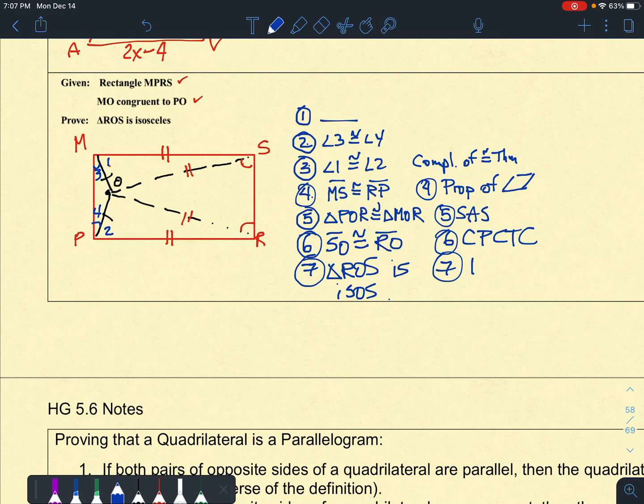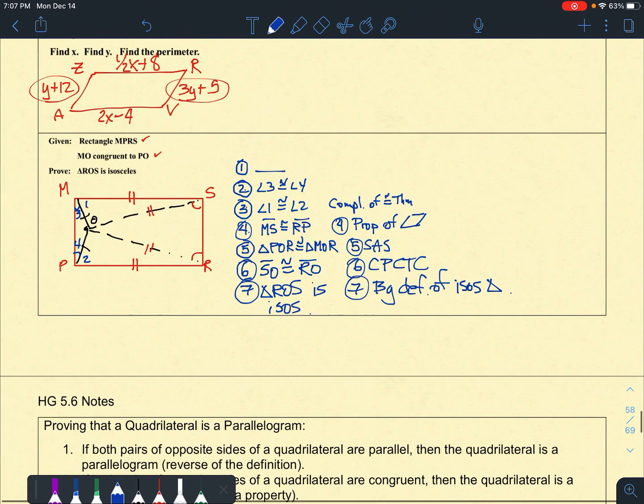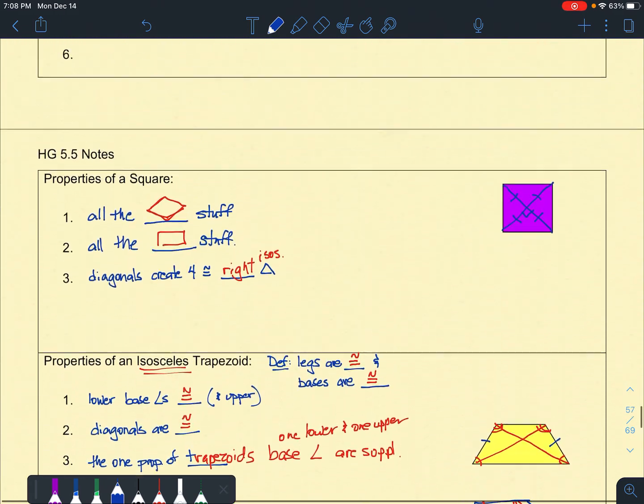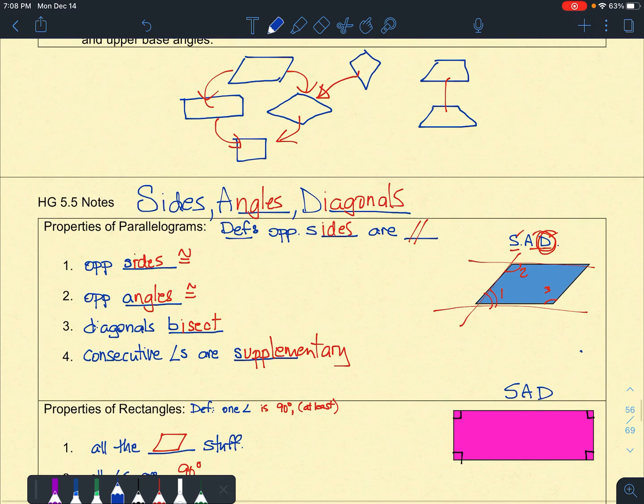And that is by definition of isosceles triangles. All right. Hopefully that helps get you through the lesson, all the different characteristics of those quadrilaterals. A lot of notes there. Hopefully you got them all down.